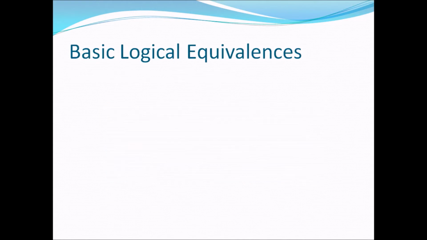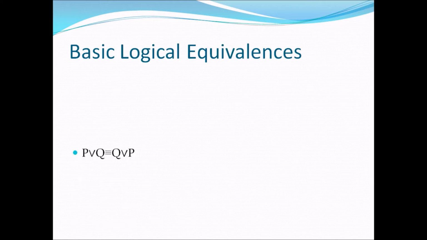And now there's a couple logical equivalences that are really basic and you really need to know just off the back of your hand. And I'm not going to prove them, but it's a great exercise if you want to go and build the truth tables to prove that they are equivalent on your own.